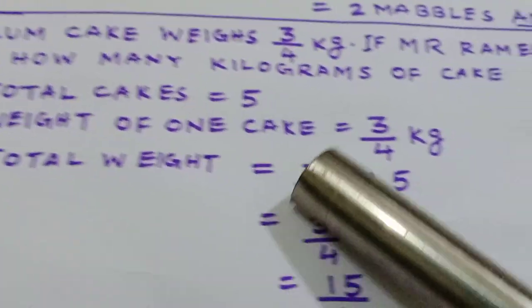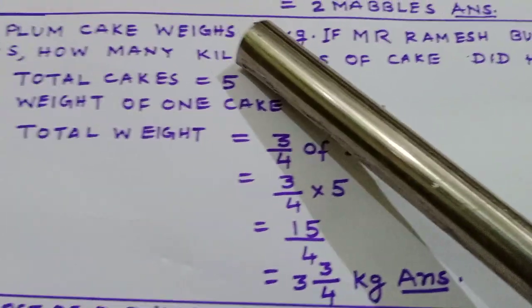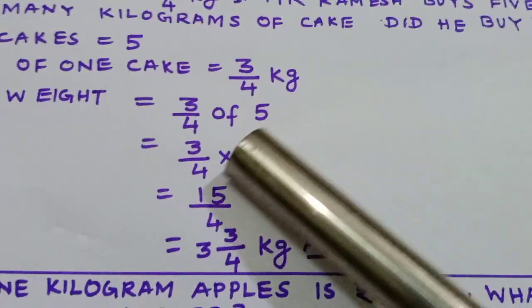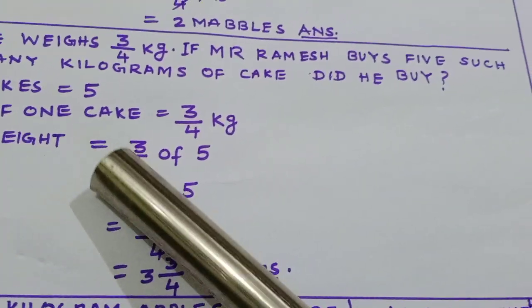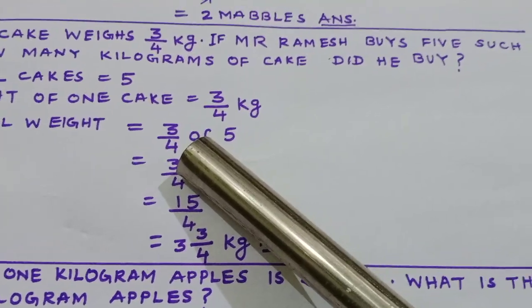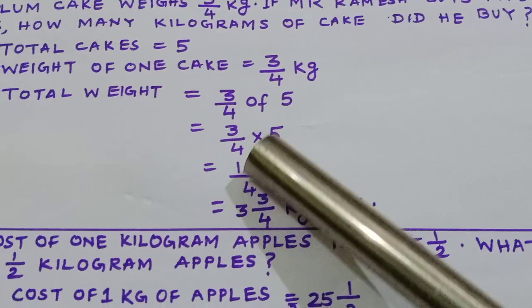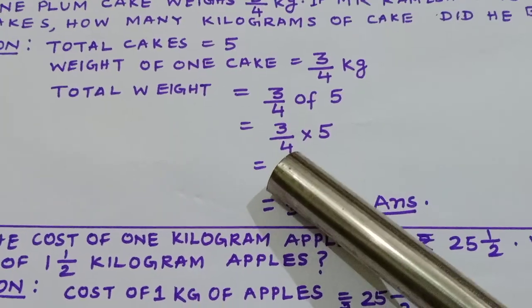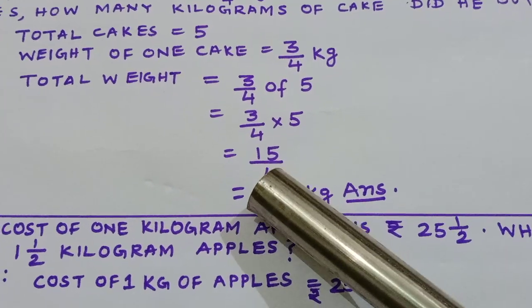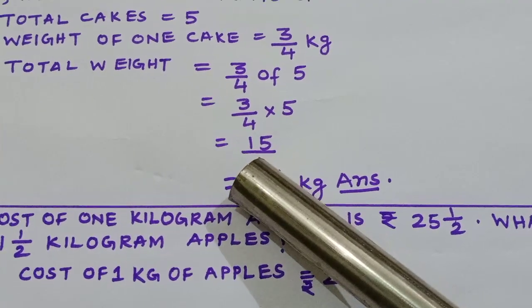Weight of one cake is equal to 3/4 kg, given in the question. What will be the total weight? 3/4 of 5. Again of means multiplication. 3/4 into 5.